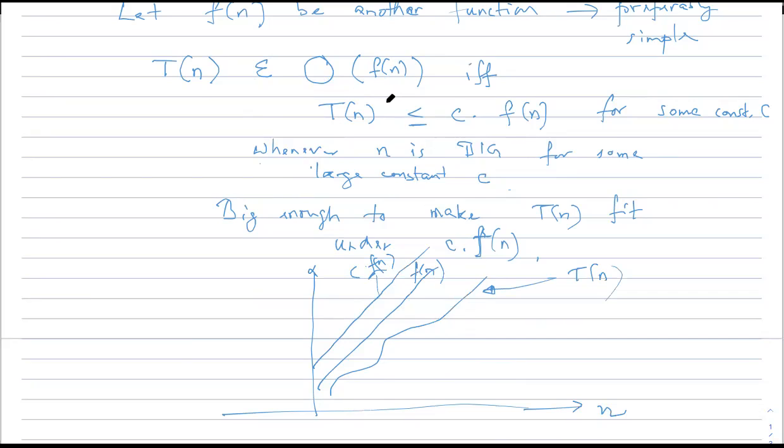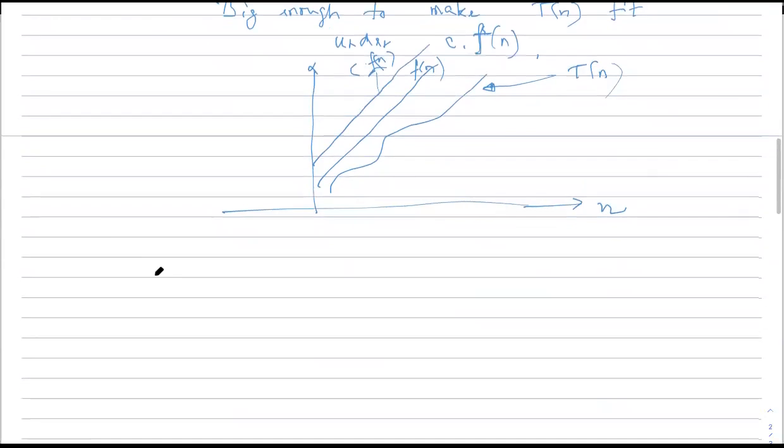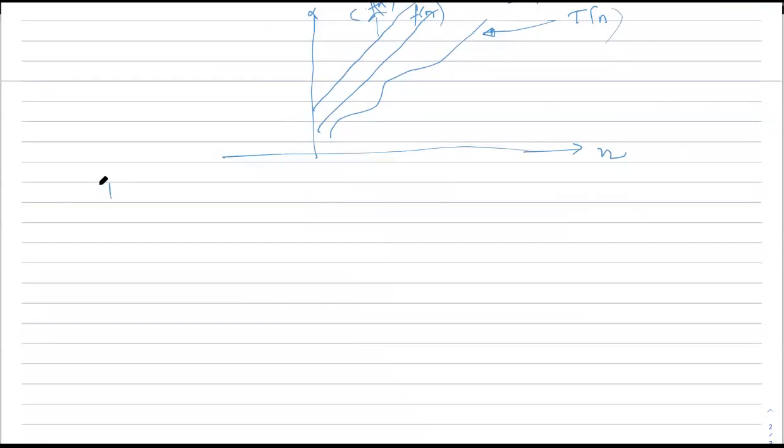So let's take the inventory example here, just so that it becomes more clear. Let's come back to that inventory example. What we found was that 10,000 was the reading of the inventory plus every transaction takes 10 milliseconds, so 10 times n.